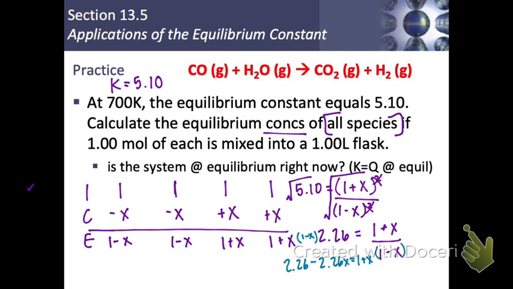I'm going to subtract 1 and add this over. So that gives me 1.26 equals 3.26x, and that means my x value is equal to 0.387.